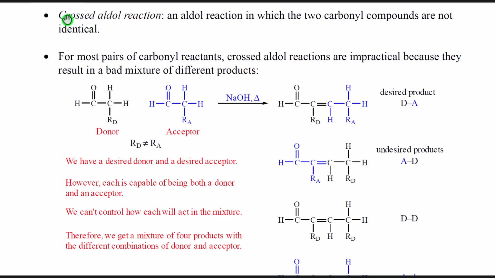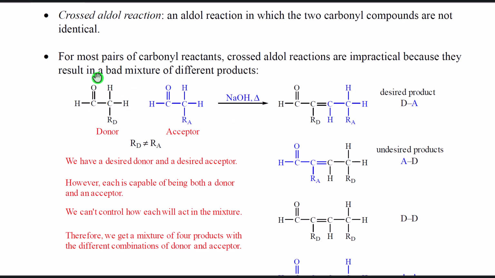This would be called a crossed aldol reaction, an aldol reaction in which the two carbonyl compounds are not identical. We're going to look at the crossed aldol reaction using a condensation because ketones will generally not form aldol products. Instead, they will stay mostly unreacted.